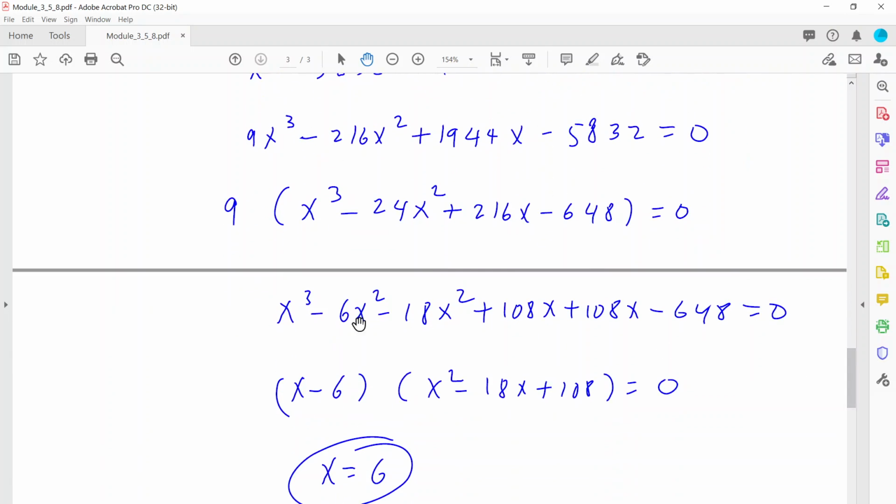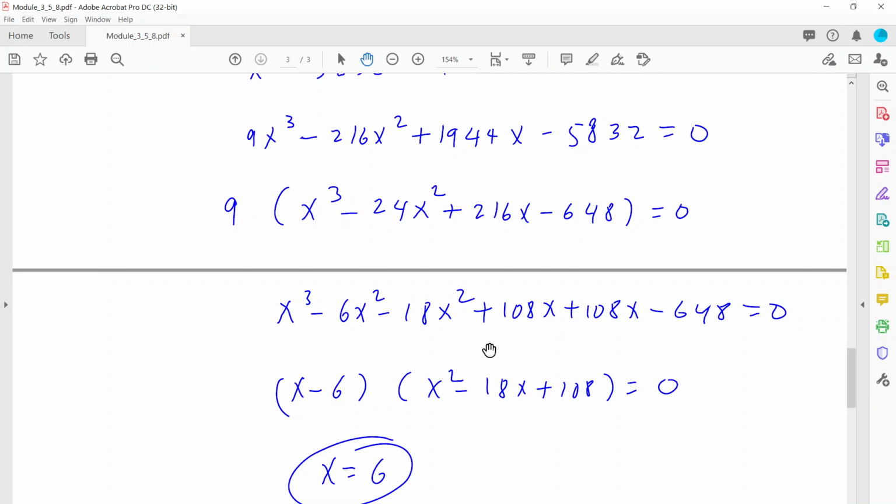Now we need to factor this. I split the second term 24x squared into 6 and 18, and this one 162 into 108 and 54. By doing that, I can find the common factor x minus 6 and x squared minus 18x plus 108.